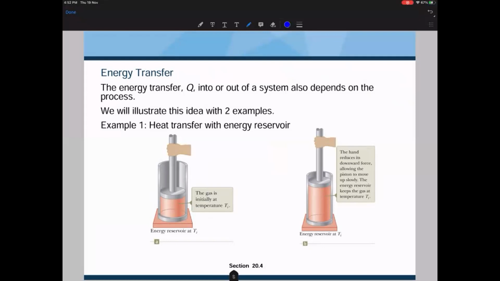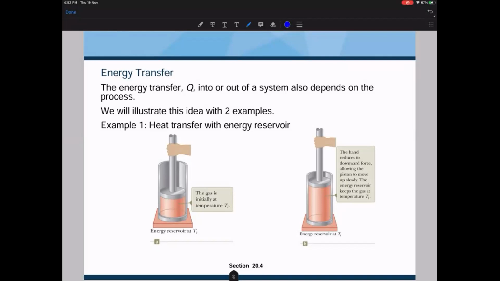In the first example, you have the heat energy that is transferred with what we call a constant temperature situation.